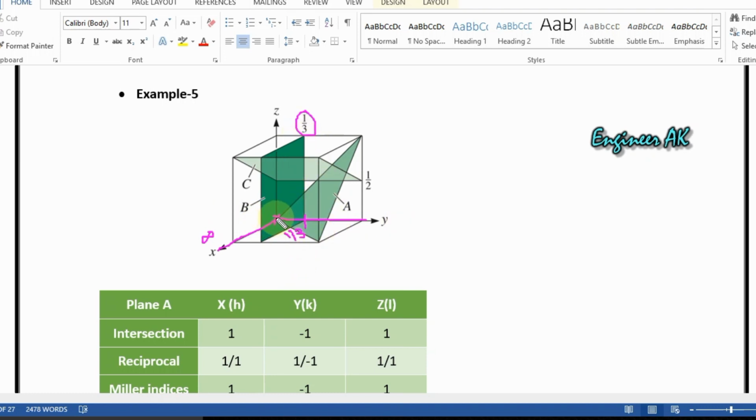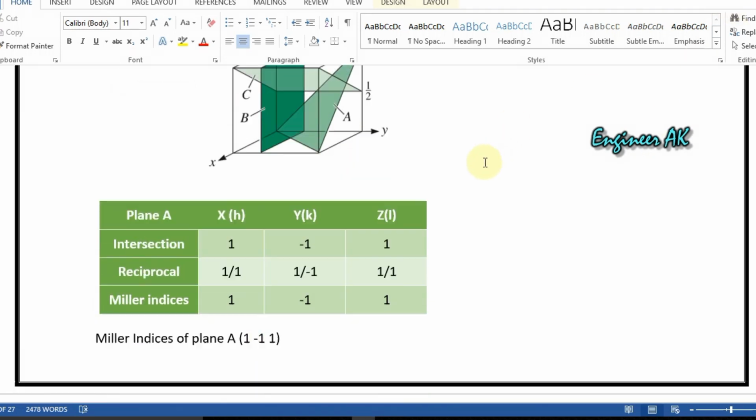And if I move in the z-axis, we can see that this plane and this axis are parallel, so they will not cut each other. We can say that they will meet at infinity, right? So at the x-axis and z-axis we have infinity, and at the y-axis we have 1/3.